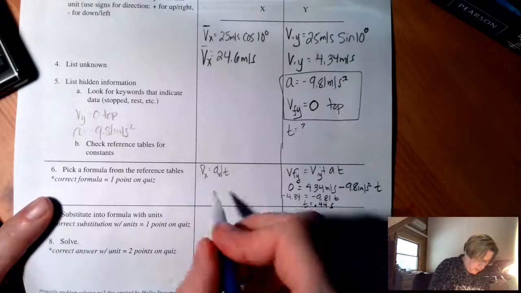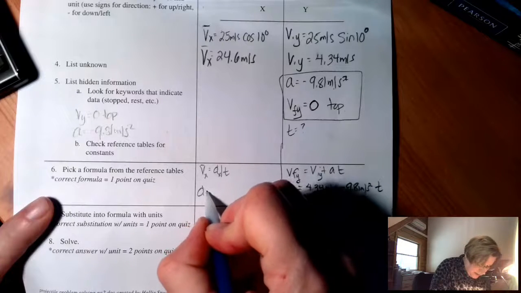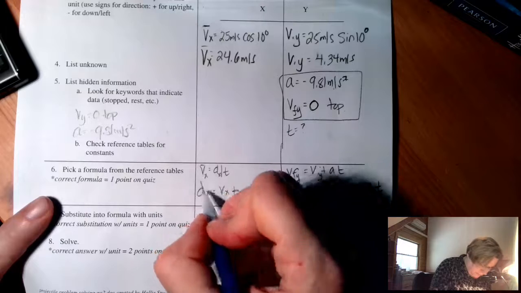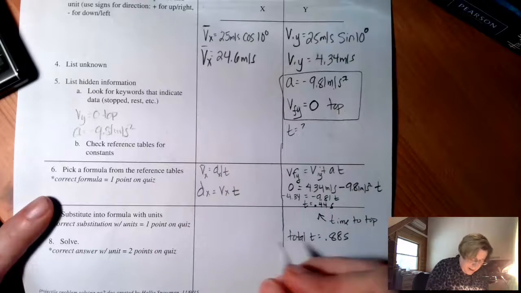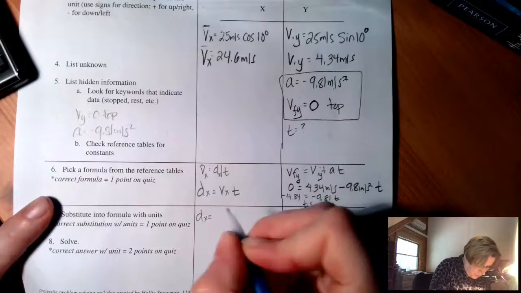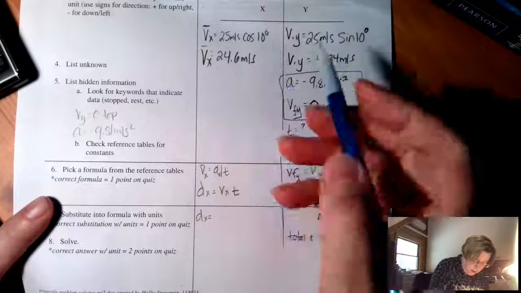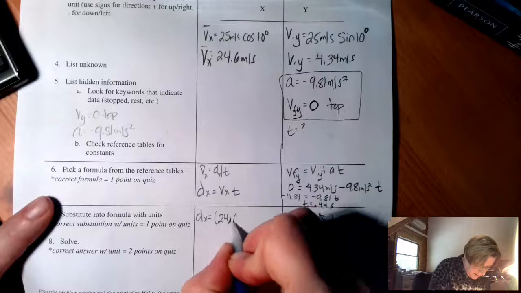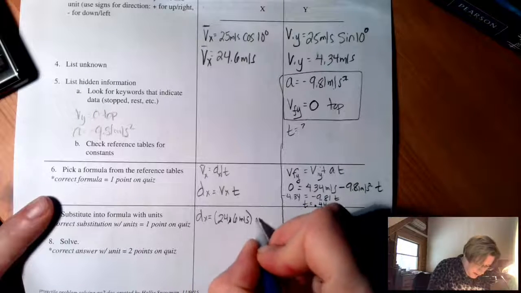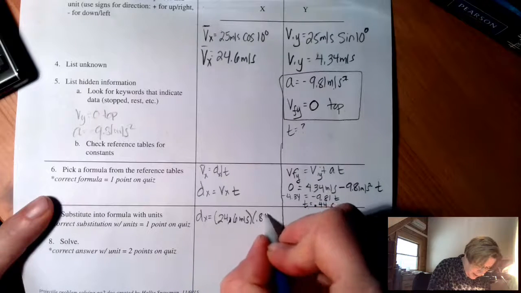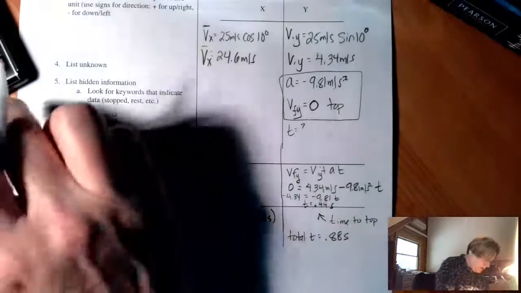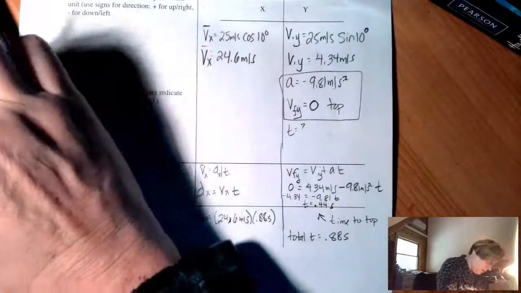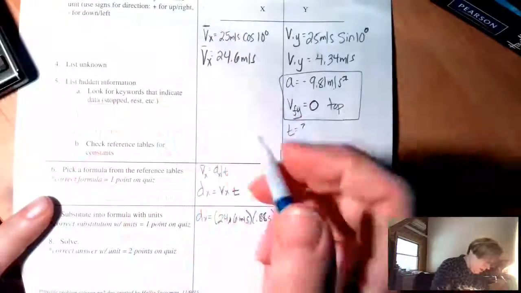So if I plug in, I get that dx equals, again, the vx, don't put the 25 in there, put in the x component: 24.6 meters per second times the 0.88 seconds. And when I do that, I get that the distance traveled is about 22 meters.